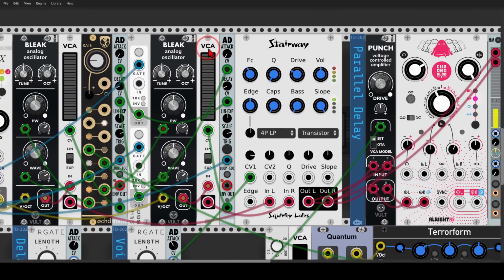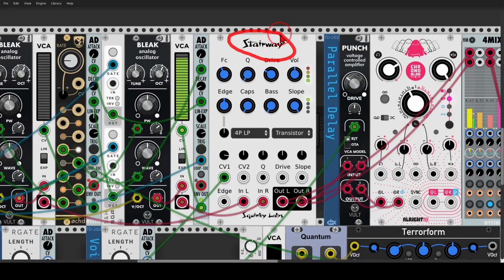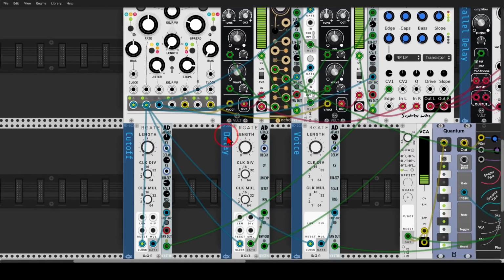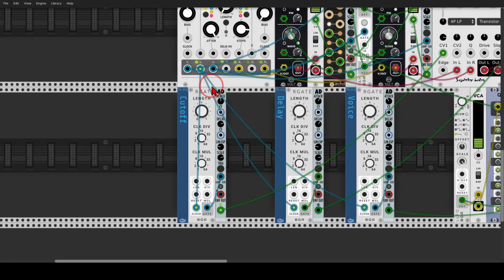This is going through the lovely stereo filter from Squinky Labs, it's called Stairway. And then here I have a clock divider. Again, R-Gate. It's set to divide by 55.